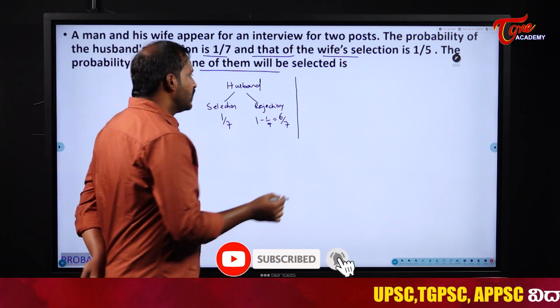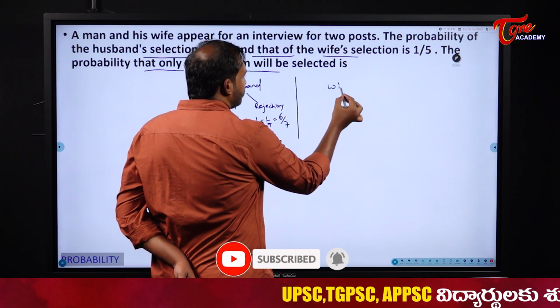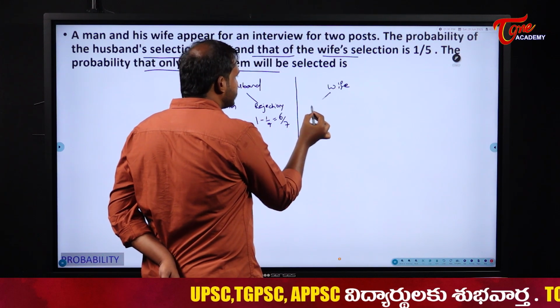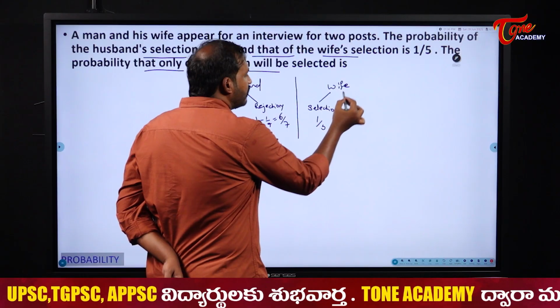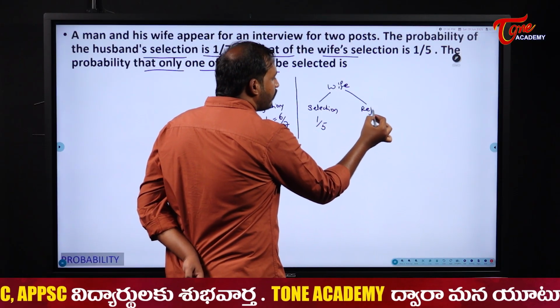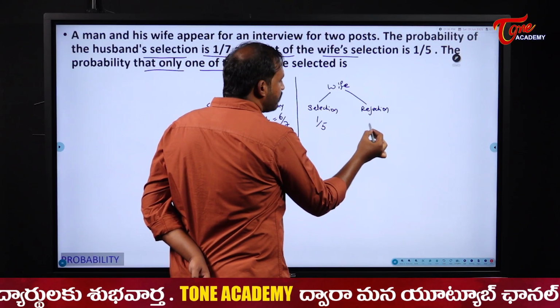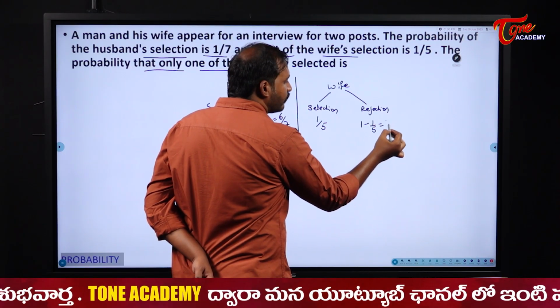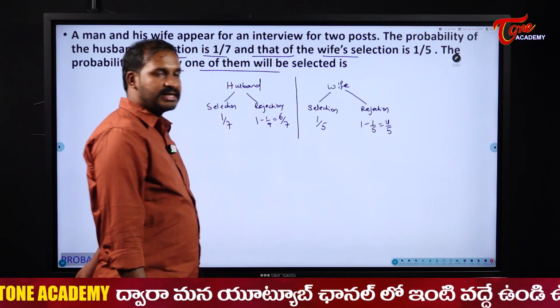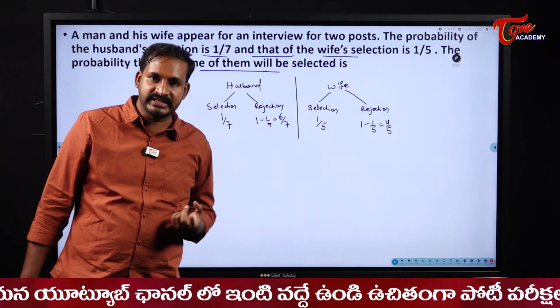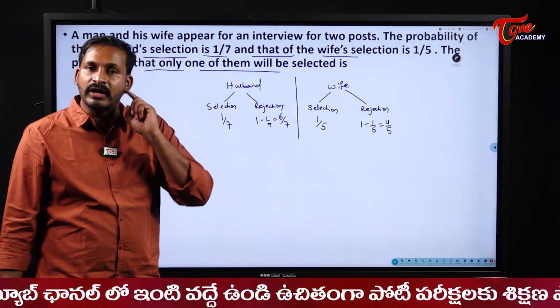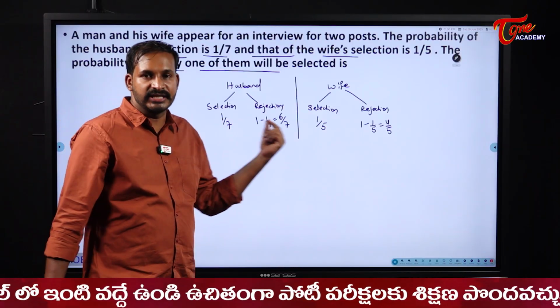The probability of husband getting rejected is 6 by 7. Now, when it comes to wife, what about her selection? The probability of her selection is 1 by 5. What about her rejection? The probability of her rejection is 1 minus 1 by 5, that will become 4 by 5. That is her rejection. Now, they are telling that the probability that only one of them is selected. Only one should be selected out of these 2, husband and wife.